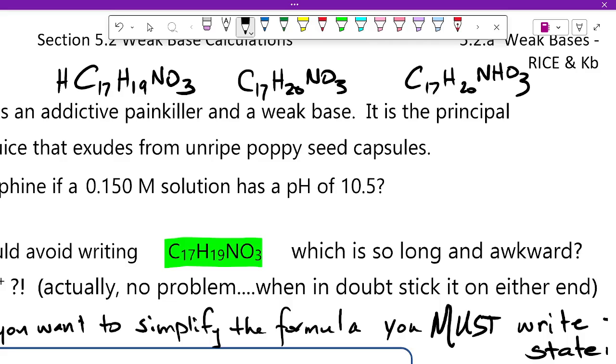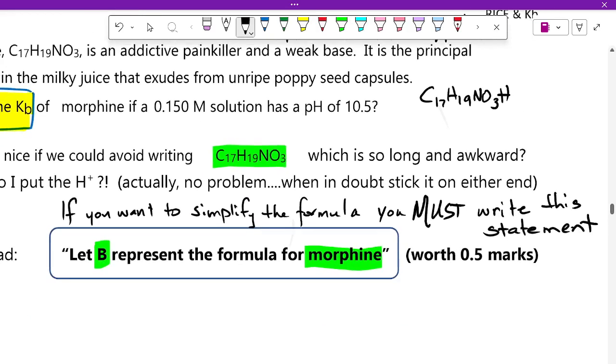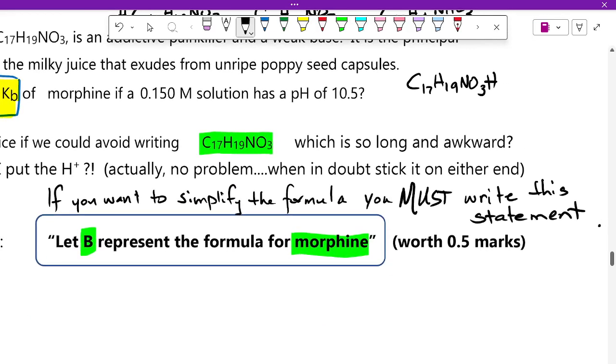It doesn't really matter where you stick it because you don't have enough information to figure it out. Or you could stick it on the end. C17H19NO3H. Honestly, I don't know where it goes because I don't know what that actual structure looks like. So in that case, I figure it's going to be way easier to have B.